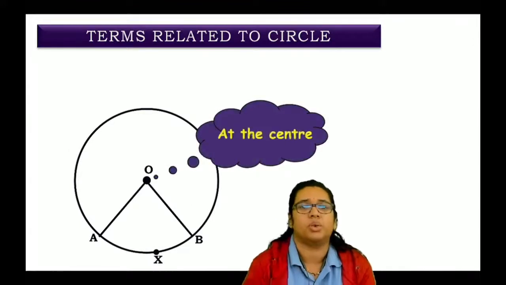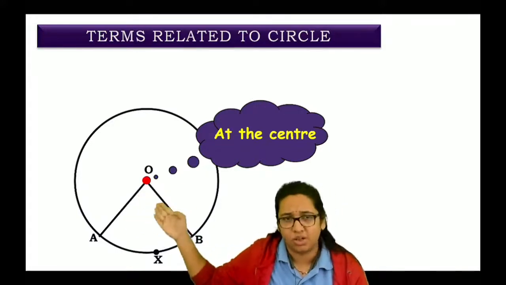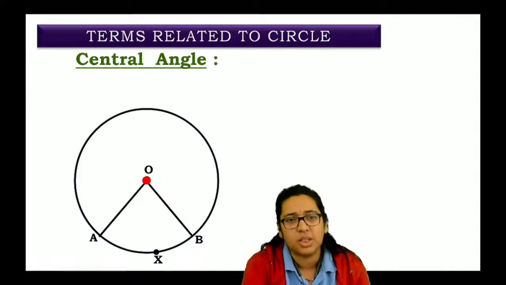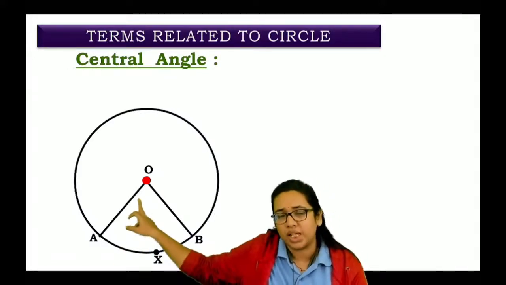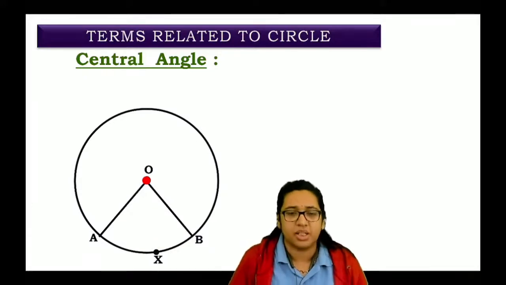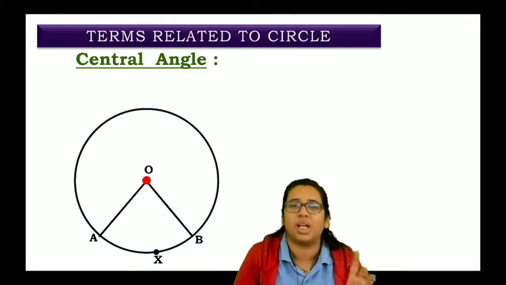Okay. Now, what is this thing? What did you get as O? O is nothing but the center of this circle, right? Then we can define central angle. What does angle mean? You just have to consider two rays which are forming an angle.